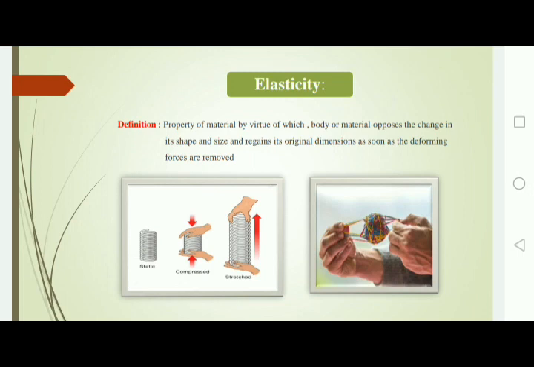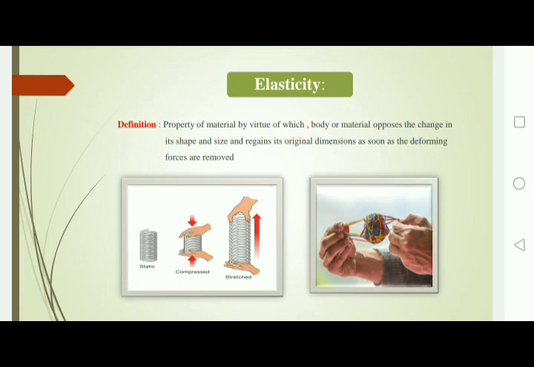The property to restore the natural shape or to oppose the deformation is nothing but elasticity. So we will define elasticity in our words as the property of a material by virtue of which a body opposes the change in its shape and size and regains its original dimension as soon as the deforming forces are removed.